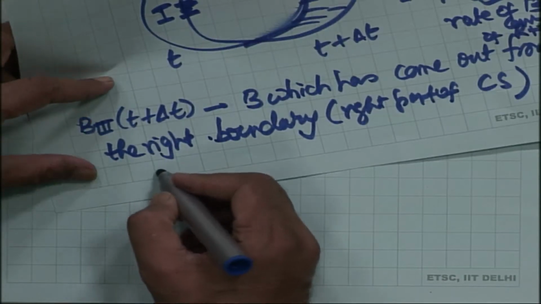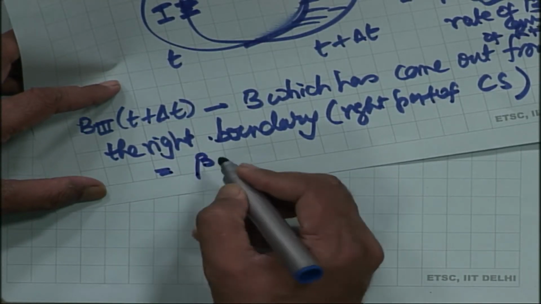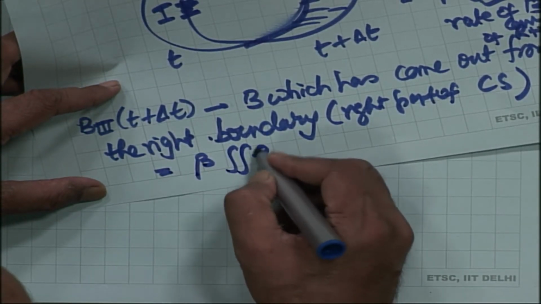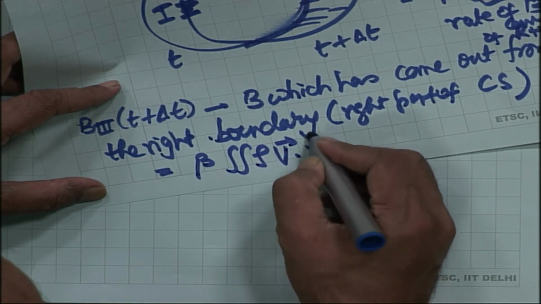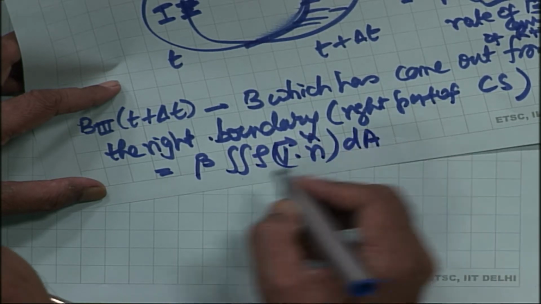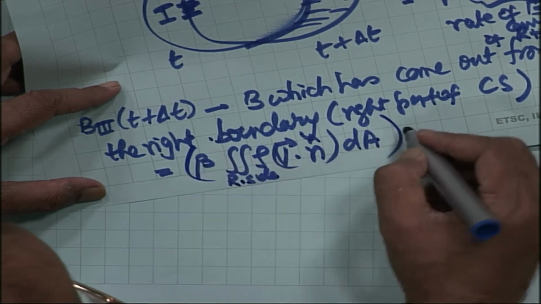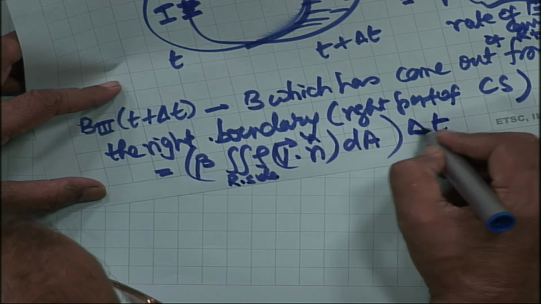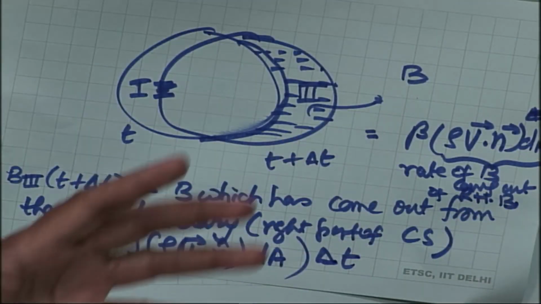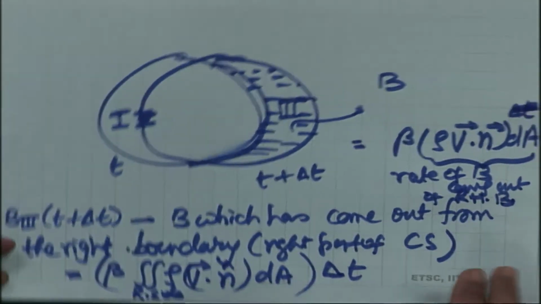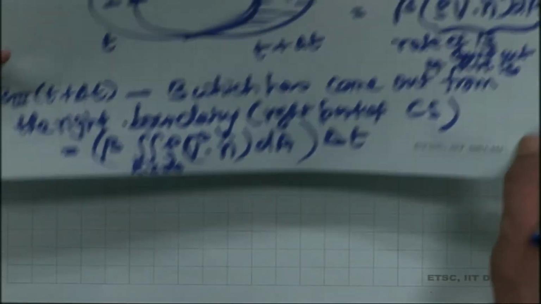So, the total amount of B which comes out will be equal to beta times the integral of rho v dot n dA along the right side times delta t, because this is the mass coming out per unit time, multiplied by delta t, which will give me the mass which comes out.